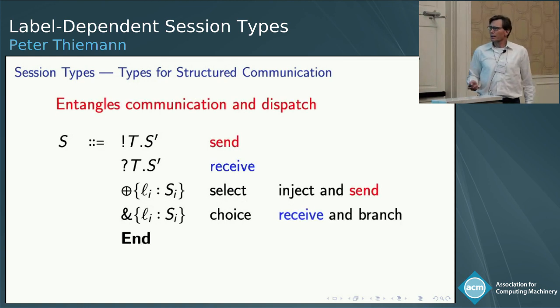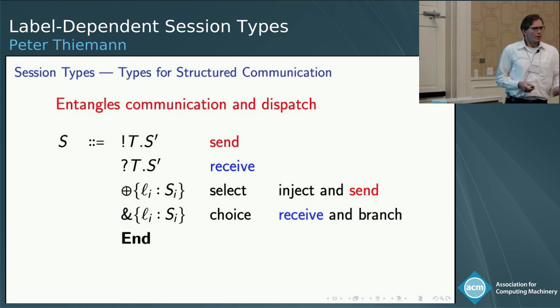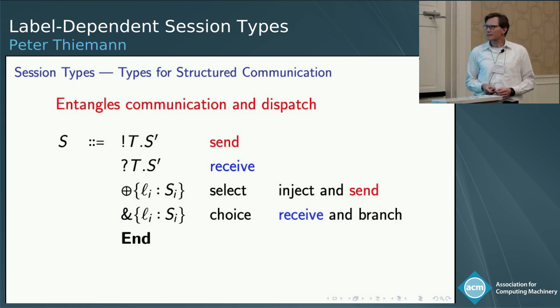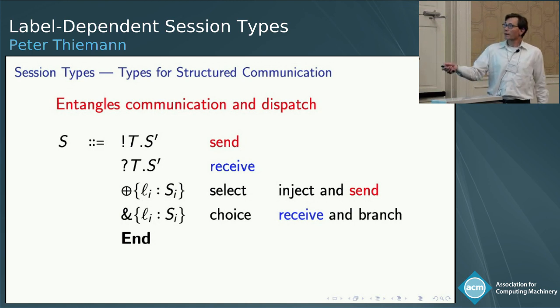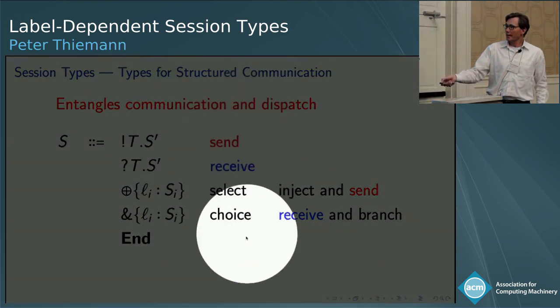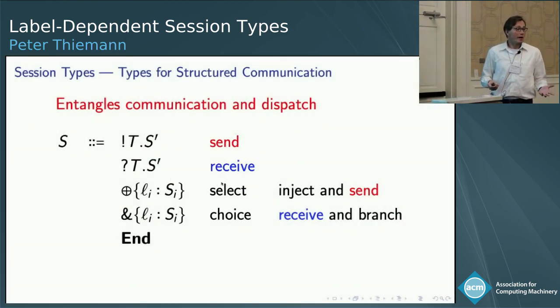So, right. But if you look a little bit more closely at it, you'll see that there is duplicated functionality. Here the send operation and here the select operation, both of them are actually sending a message, and then the select operation does something extra.